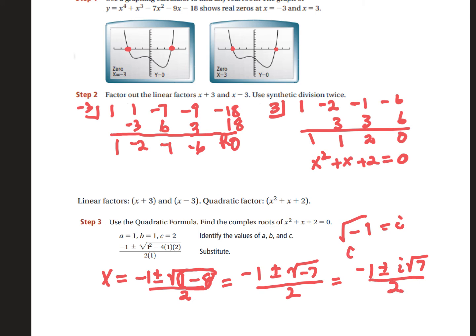And this is your complex conjugate. And I told you that they come in pairs. So we have 2 roots here, or two solutions that will make this equal to 0. And then we have the other two answers, which are the two solutions, which are 3 and -3.